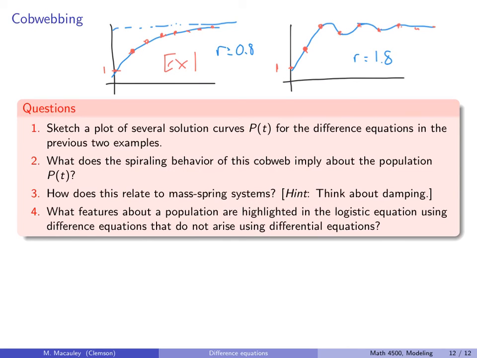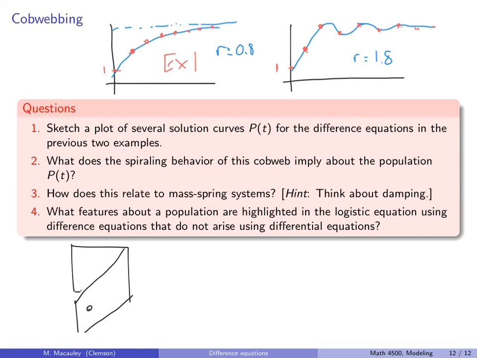How does this relate to mass spring systems? Remember from your differential equation class that when you saw mass spring systems, you had the phenomenon of a system being underdamped versus overdamped when there's damping. My favorite example of this is a screen door that opens up.